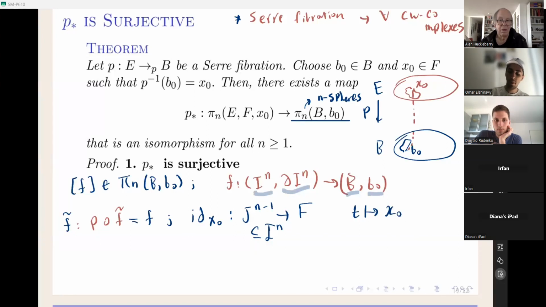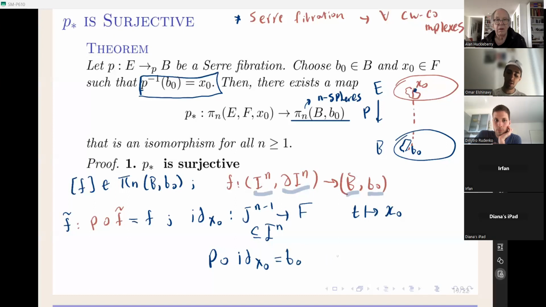So we take the constant loop here or path, and then we map it using this assumption. So we get something that looks like this. So indeed, the projection of this identity at x naught is b naught, but this is not enough, because we don't need b naught.